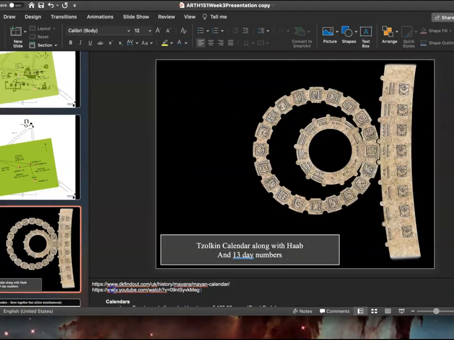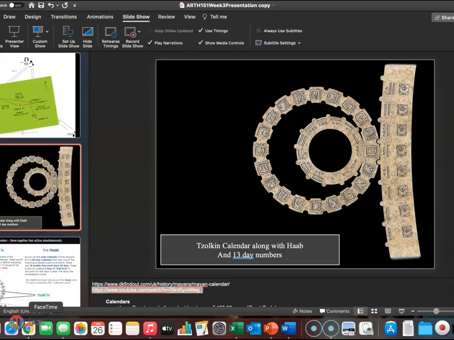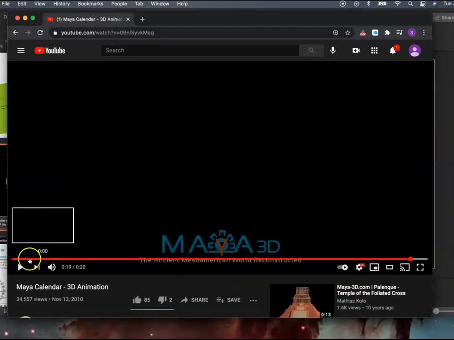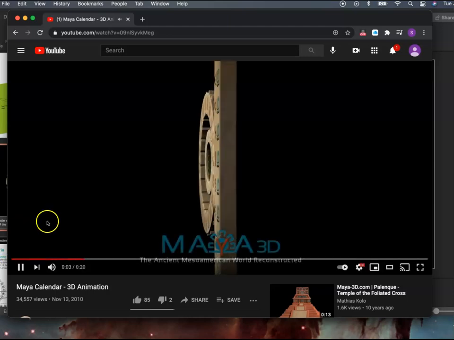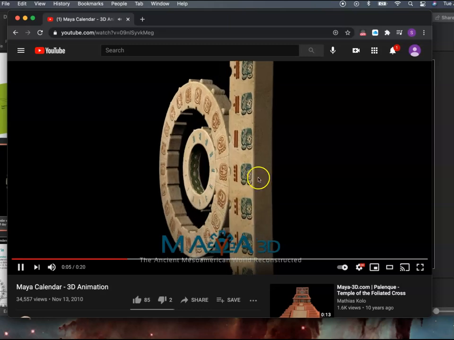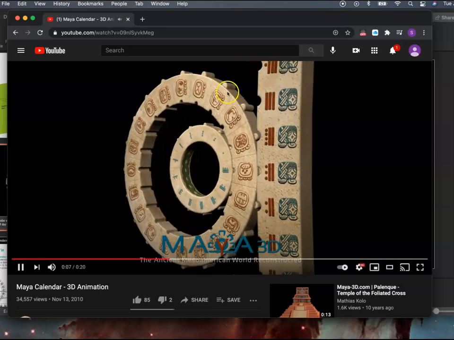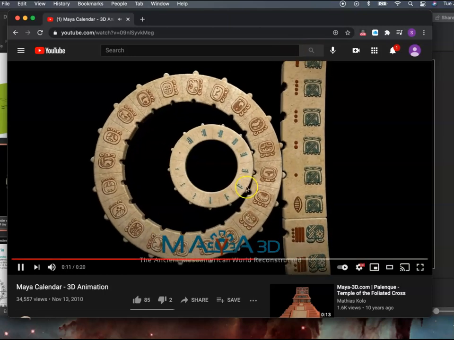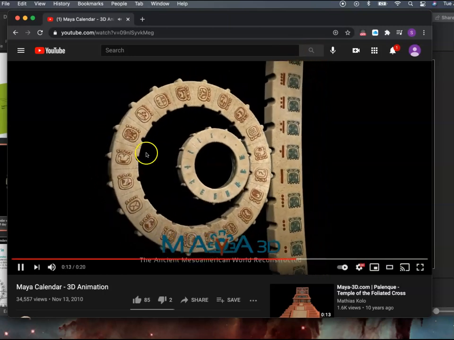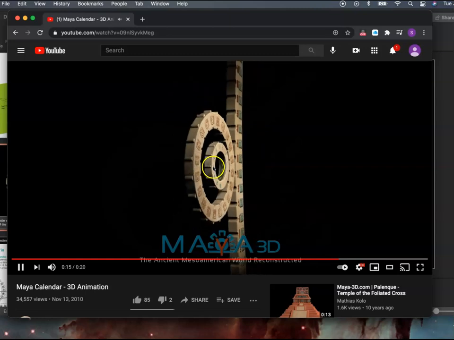Yeah, I do. So I've muted it because the music is really creepy. But you see it moving along this axis here. So there's 3 sections of this calendar that move with different particular cycles.